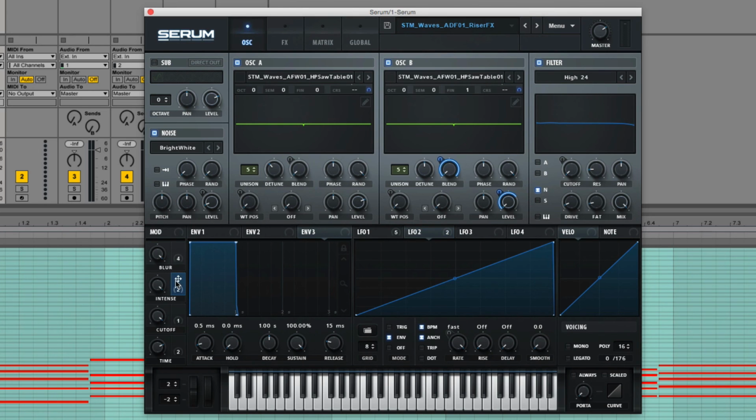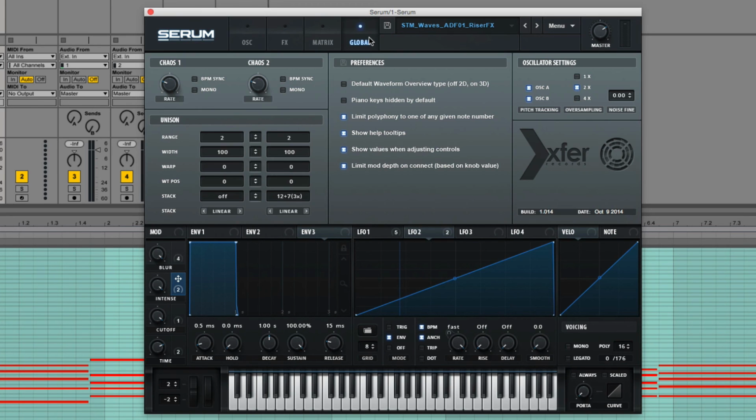Next, I have this intense knob. And basically what this does is it increases the amount and blend of this second oscillator. And what makes this oscillator so much more intense than the first is that in the global settings, I have it set to 12 plus a perfect fifth times 3.